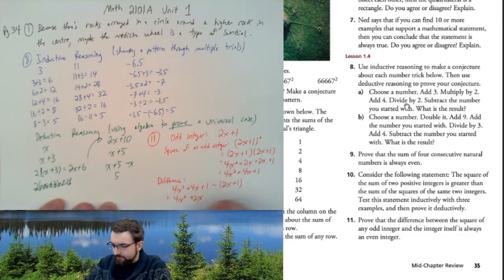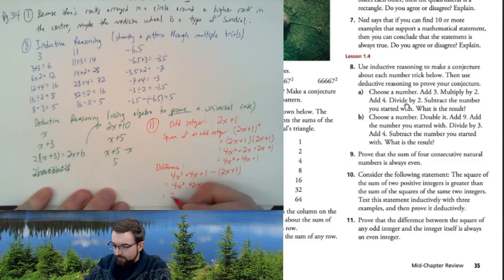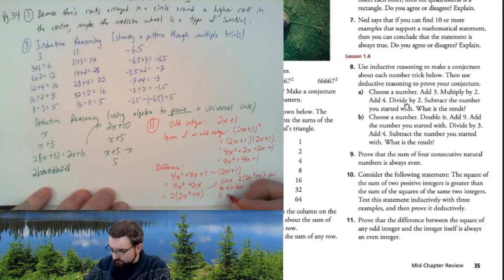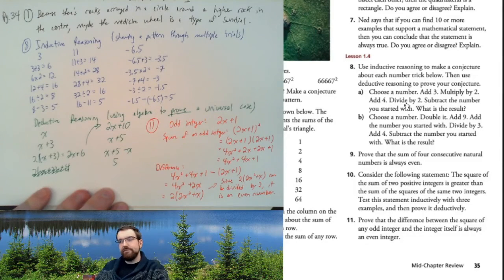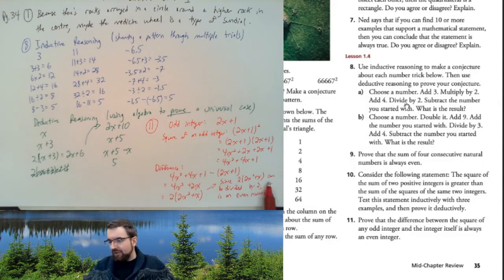And we can call that 2 outside of 2x squared plus x, right? There we go. Since 2 outside of 2x squared plus x can be divided by 2, it is an even number.